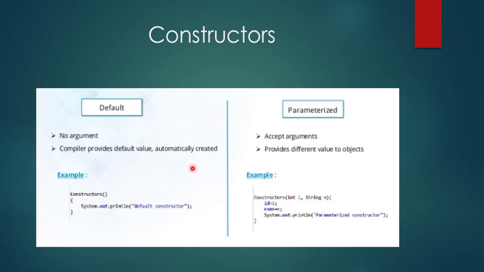When you are talking about the parameterized constructor, it accepts arguments, like one is i and the other one is a. i is an integer data type, a is a string data type. This is a parameterized constructor. It provides different values to objects.